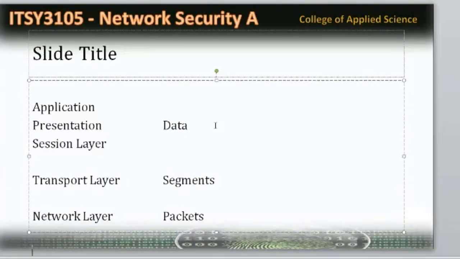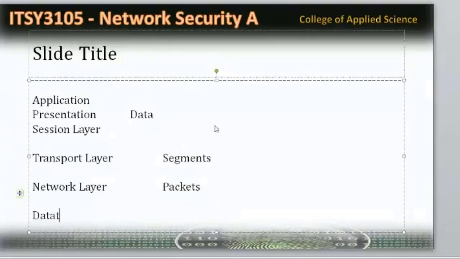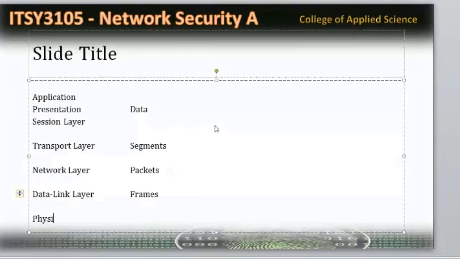Next, the data link layer, where all the packets will be converted into frames. Then the last layer is the physical layer, where the frames will be converted into bits, that means zeros and ones.